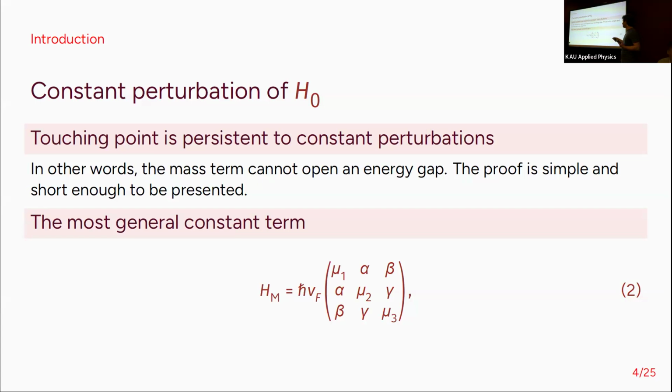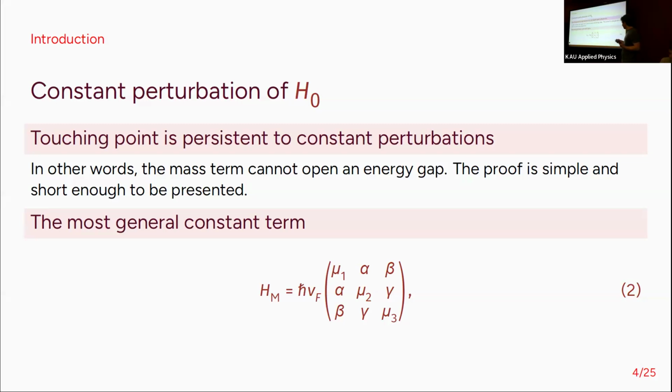From the topological point of view, it can be obvious that the energy gap shouldn't be opened by the constant term, because we know that these points are topologically protected, but we can show it directly. For example, for Weyl fermions, it is obvious from the starting point, because the only Hermitian matrix that isn't added to the initial Hamiltonian there is the energy translation.